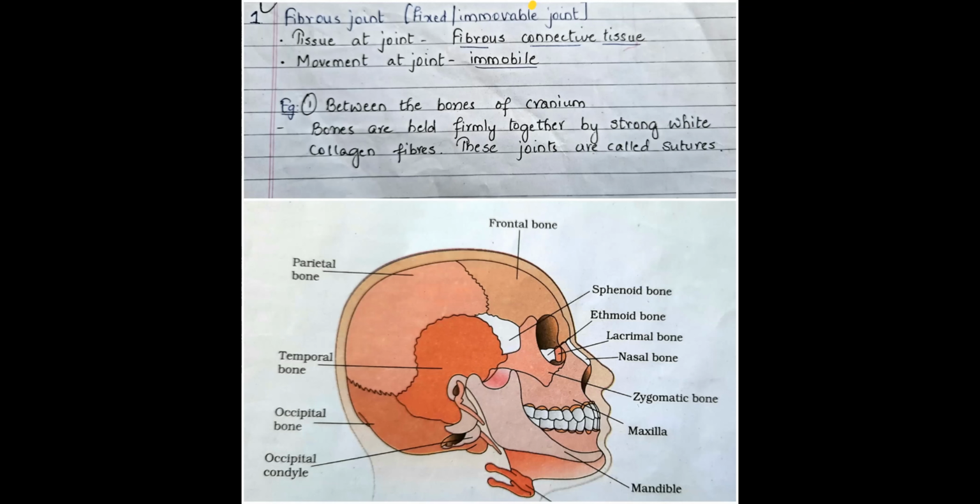At the joint position, bones are not able to show any movement. So firmly fixed that they cannot show any movement. Example, the skull bones, the flat skull bones. If you see them, their joints are of such category.